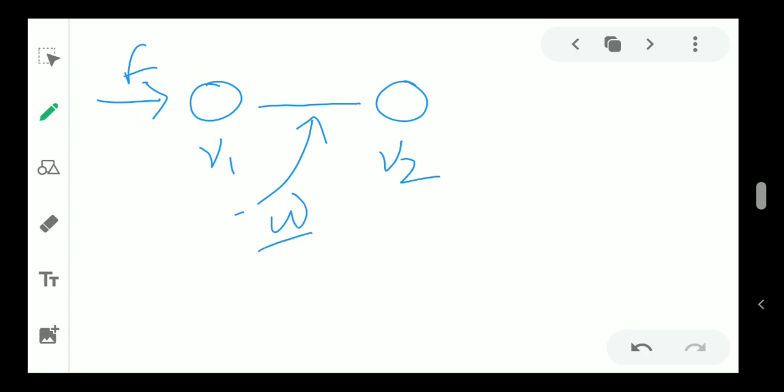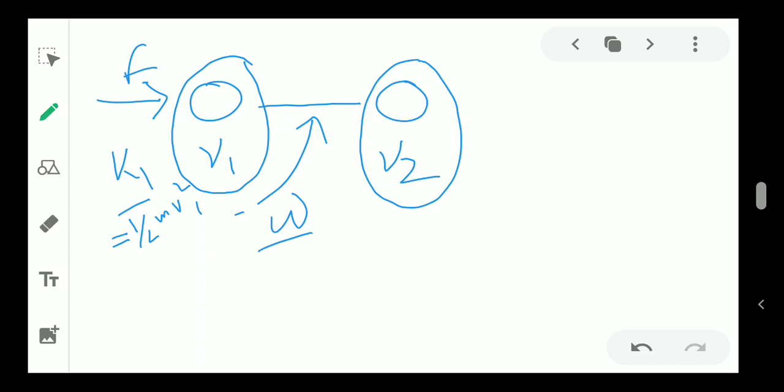At the beginning, the kinetic energy for this portion was K1, and K1 was half mv1 square. And now the kinetic energy has increased because I have added my work to the initial energy, that was K1, and now it has become K2, which is nothing but half mv2 square.